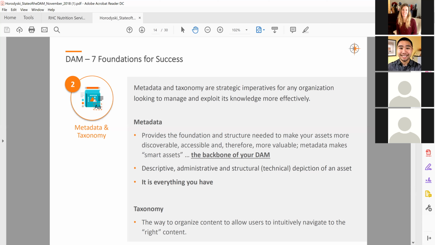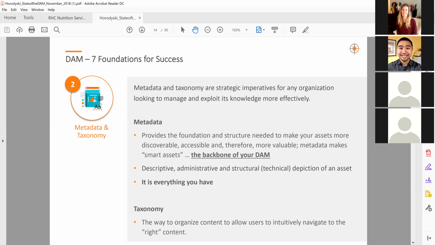Now, I'm sure many of you are familiar with that term, maybe with some of your other classes. Taxonomy is the science of classifying information into groups or classes that share similar characteristics. And the way to organize information so as to best solve a business problem is by having a well-designed taxonomy, bringing business processes into alignment that allow users to, I would argue, intuitively navigate to the right content.